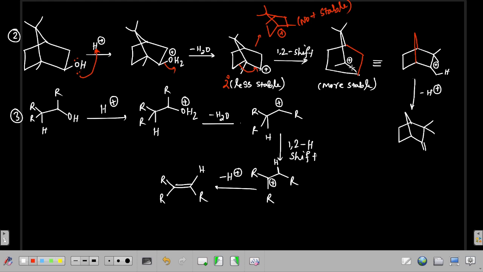That's why it leads to the formation of this carbocation. Now it is a 3 degree carbocation, which is a more stable carbocation. So it is forming this carbocation.